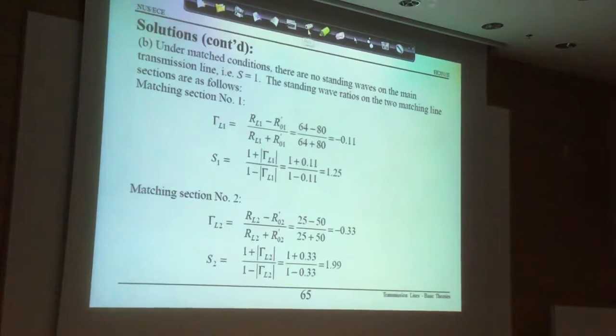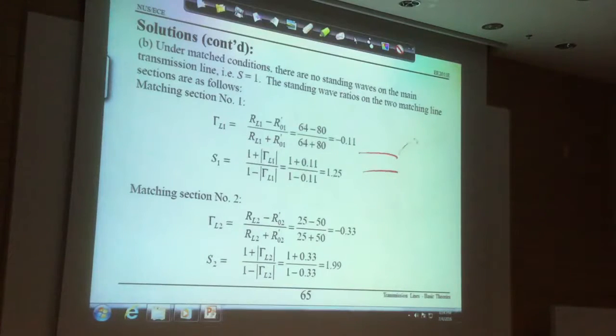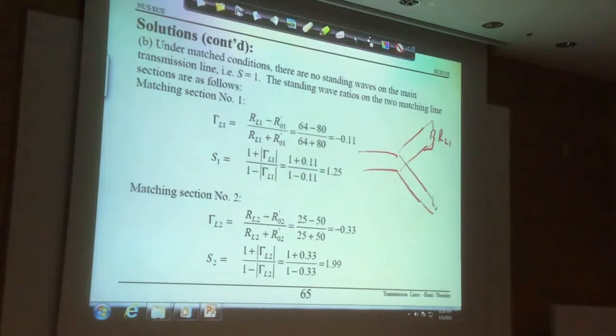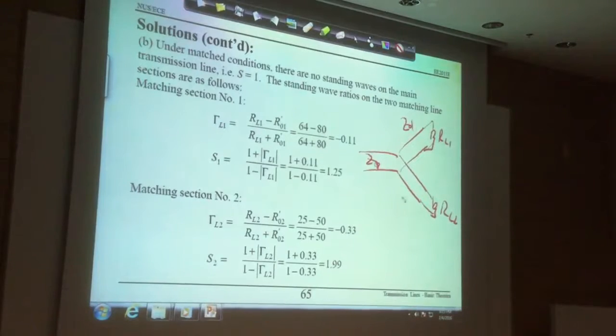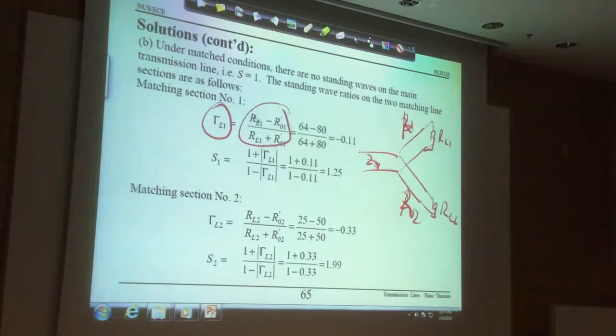So for instance, for the main transmission line, this path and this path, RL1, RL2, this Z01, this Z02, this R0. Now the reflection coefficient along this transmission line is this, right?